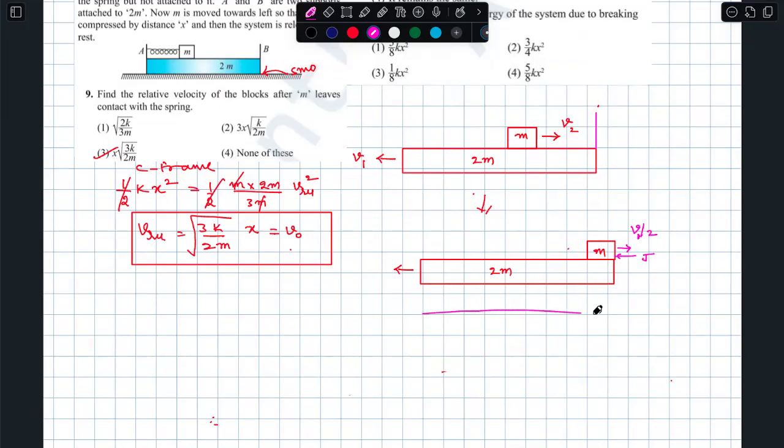Whereas on the plank, you will have the same impulse.